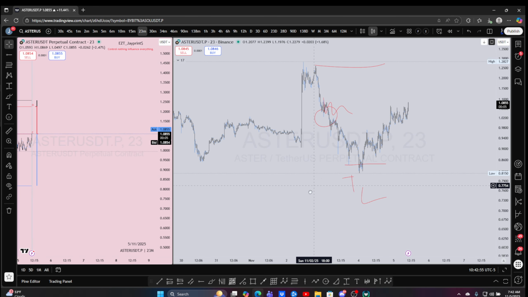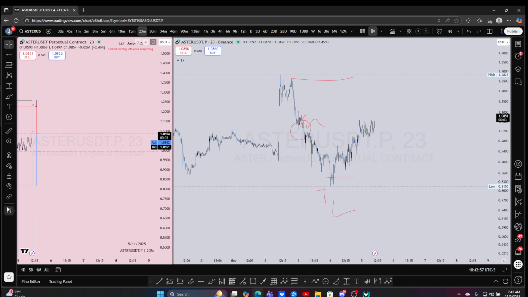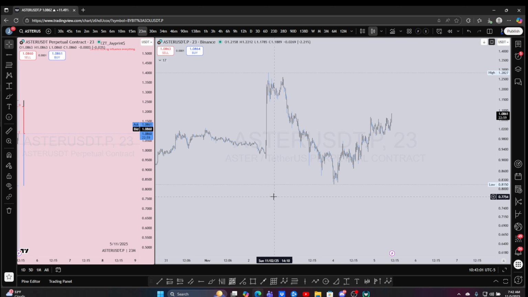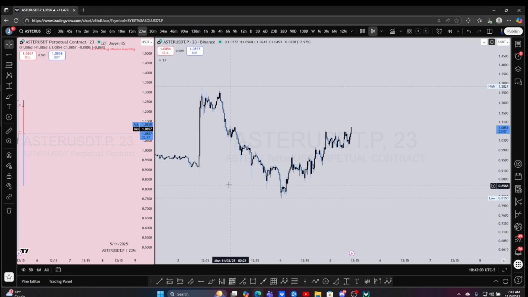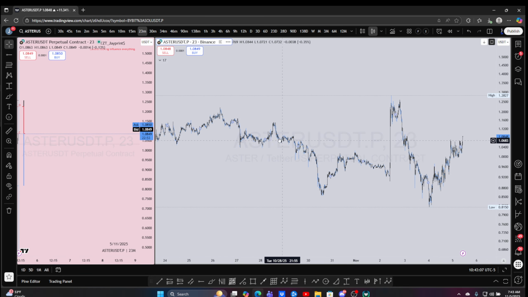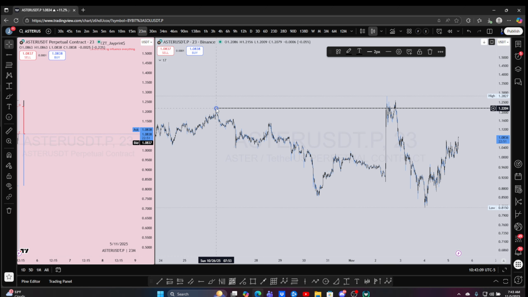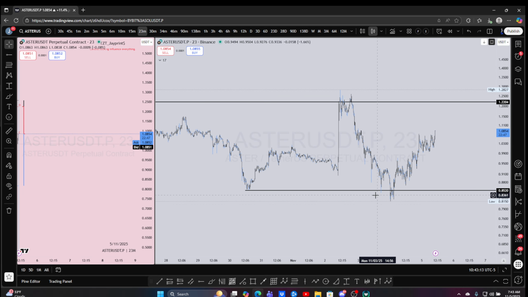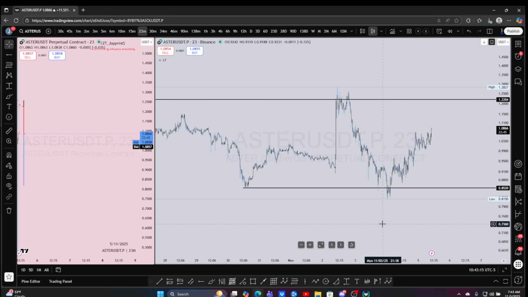And now let's go back to this side, right? The naked side without understanding the time fractal. So on this side, if we look at this chart, what do we see? Sweep of this high, no fair value higher. And again, the other side, sweep of this low and no fair value lower, right?